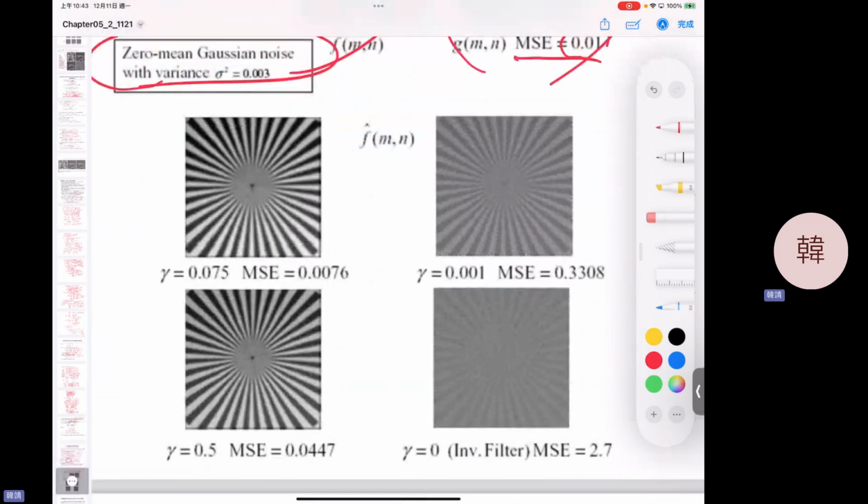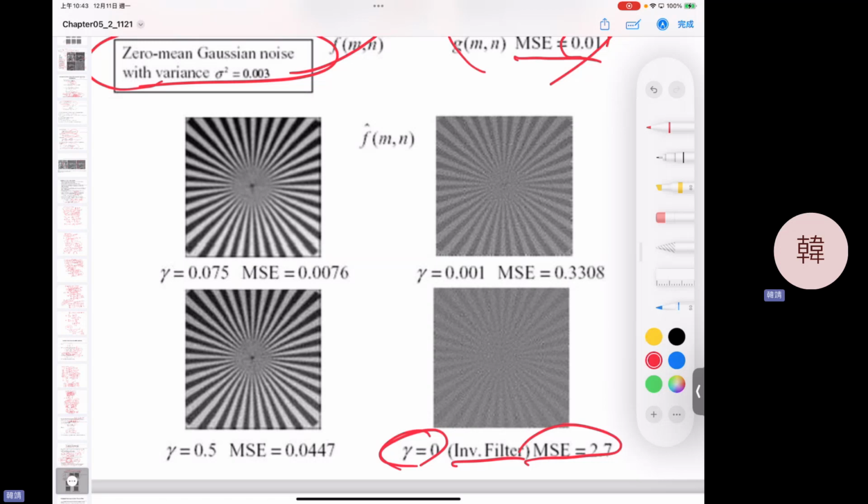If you take the gamma equal to 0 here, it's actually an inverse filter. You just give up this Lagrange multiplier coefficient and take it to 0, and the mean square error becomes huge, 2.7. And then we can try to tune this parameter.